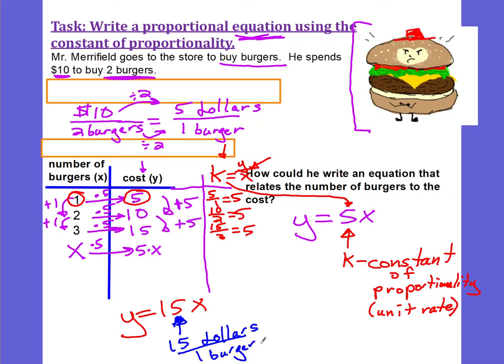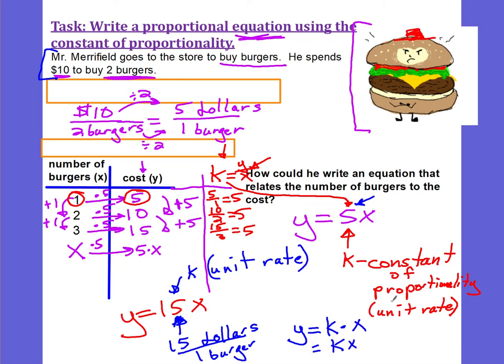So no matter if you get an equation, or you're working backwards from a description, you can work it back to an equation. And if you're given the equation, you can pop out the K or unit rate from it, which is why we always said that our proportional equations always take the form y equals k times x, or y equals kx.